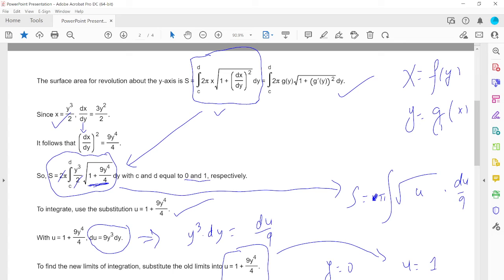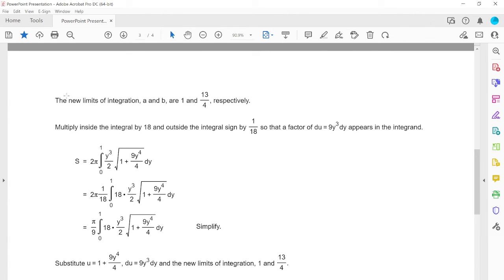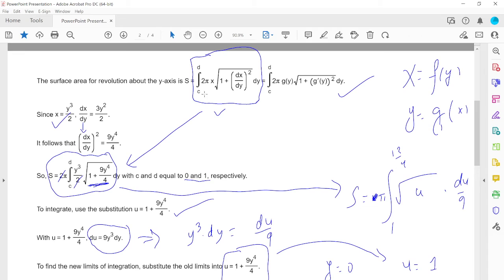When y equals 1, u is 1 plus 9 over 4, which is 13 over 4. So the new limits of integration are 1 and 13 over 4.